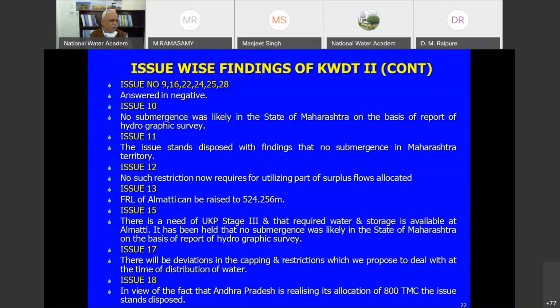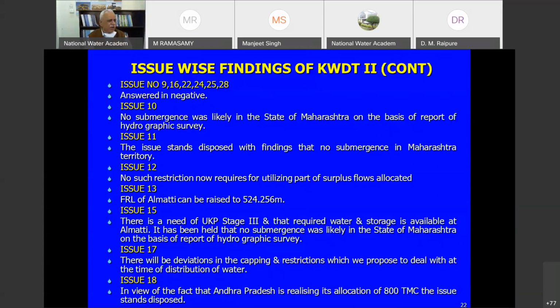Therefore, Maharashtra was all the while pleading that there will be submergence of its territory, and this is with the siltation taking place over the years, and there were heated arguments regarding the siltation rate.